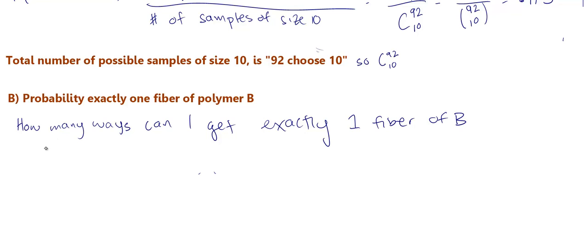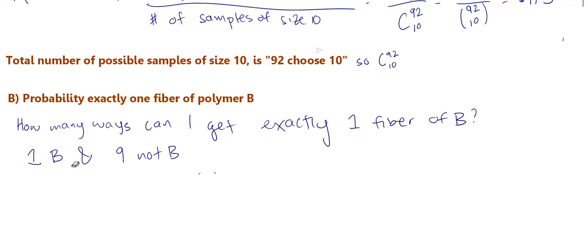Well, you need one fiber, it doesn't matter which one. So you need 1 to be B, and you need 9 to be not B. So how many ways can I choose my one B fiber?